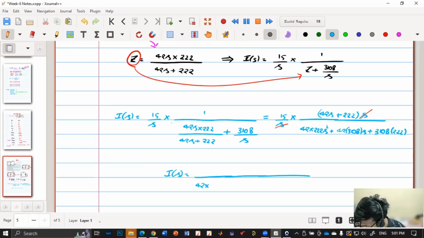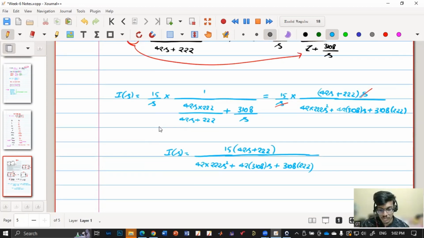42 into 222 S square plus 42 into 3108 S plus 3108 into 222 in the denominator, and in the numerator, we'll have 15 into 42S plus 222.